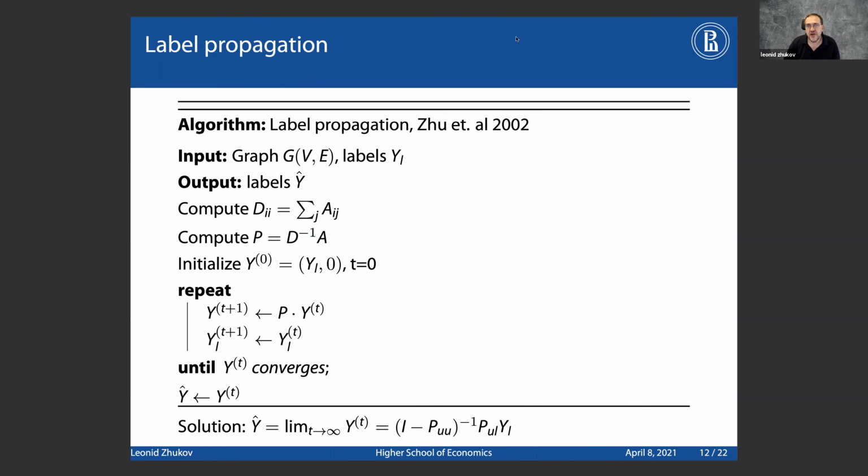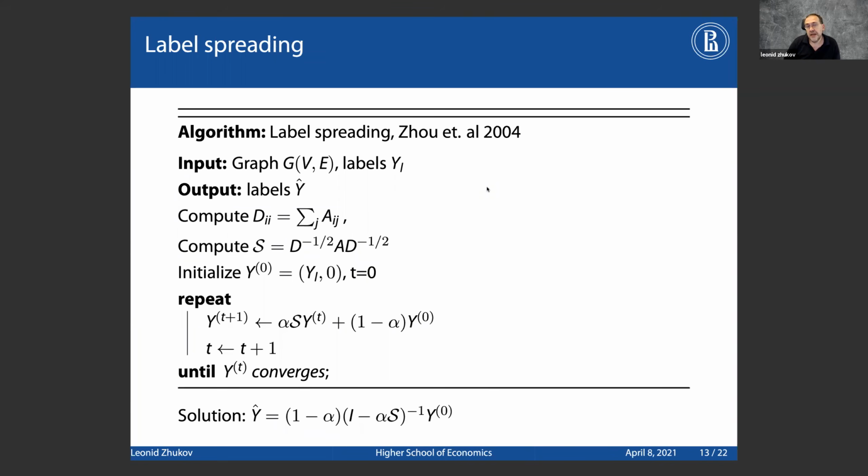Now, this approach originated a while ago, and many more similar approaches have been proposed later. For example, one of them has slightly better convergence properties, and instead of the traditional random walk that I described, it uses a slightly different random walk, a slightly different matrix, and slightly different steps that affect the convergence of the algorithm. But the idea is pretty much the same.